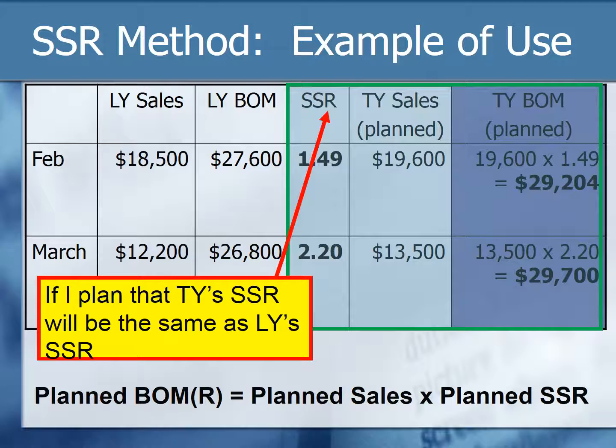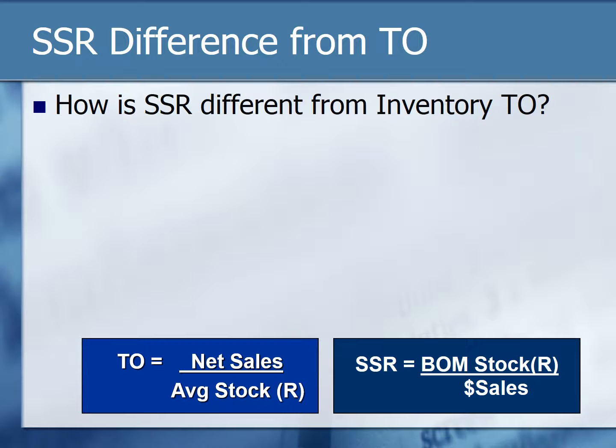And we do the same thing for March. So basically, first calculate last year's SSR, and then if we want this year's SSR to be the same as last year's, we just use that and multiply it by this year's sales to get this year's BOM.